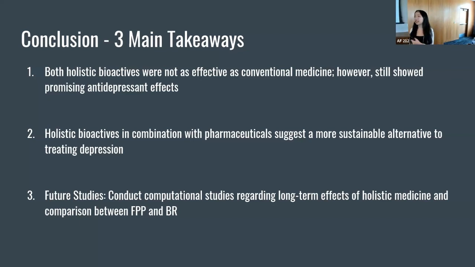It's more so a suggestion of a more sustainable alternative to treating depression. And since this study is very primitive in terms of FPP and BR, we hope to continue by adding a computational aspect, looking at the long-term effects, and hopefully testing different dosages of FPP and BR.